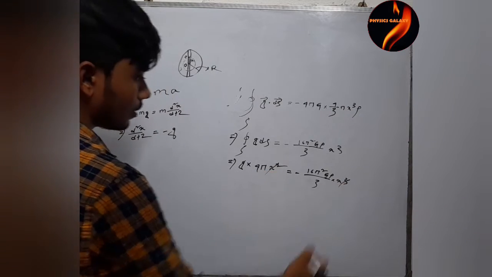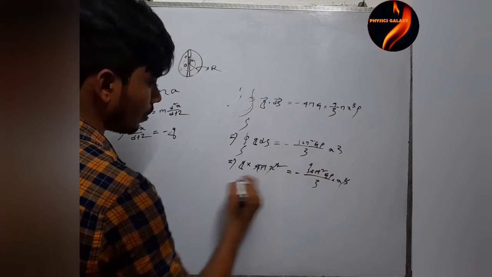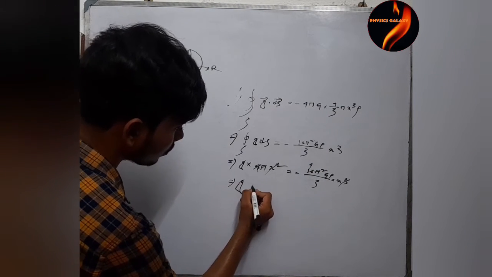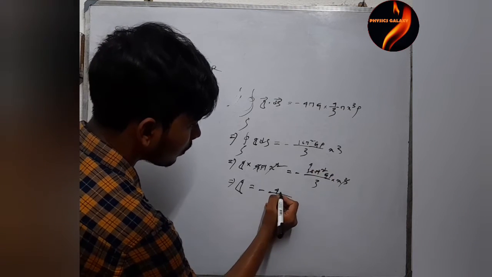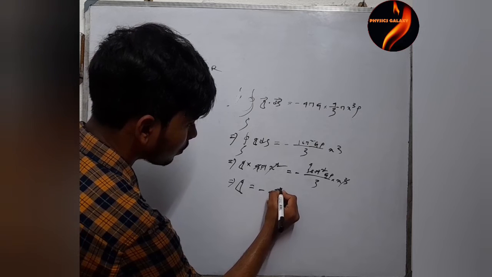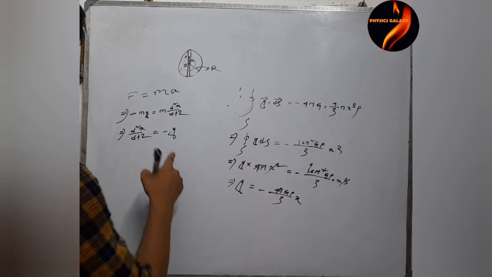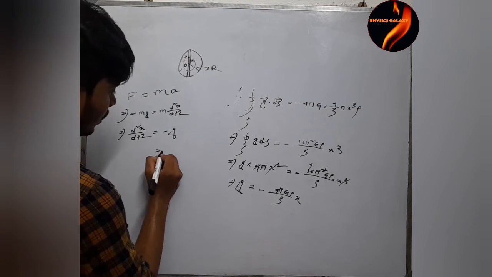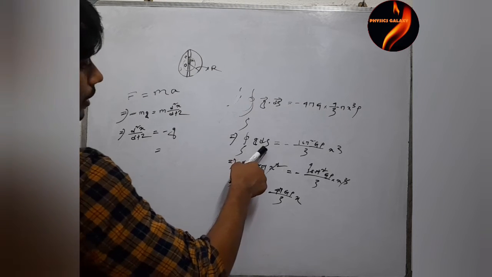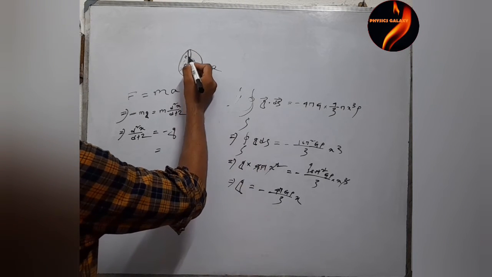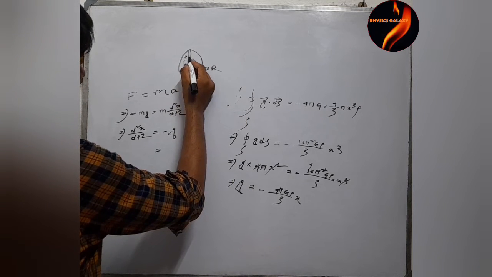The x square and 3 cancel out, pi cancels out, 4 cancels out, and we get the expression of g as minus 4 pi G rho by 3 x. Basically here g and ds are in opposite directions, because gravitational force is always attractive, meaning it is directed toward the center.